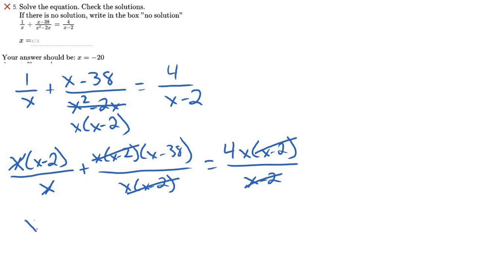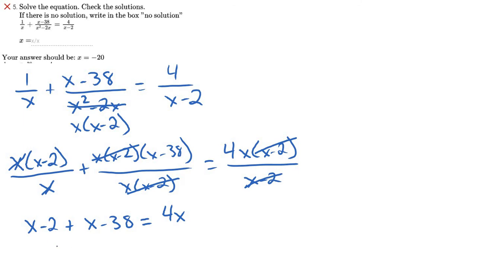So we now have x minus 2 plus x minus 38. Here's a place we need to be really careful, by the way. If that had been subtract, that negative would need to go all the way through that. We'd have had to change the sign. In this case it was plus, so we didn't. Equals 4x. Hey, that's a pretty nice little algebra equation. Let's combine like terms, see where we're at.